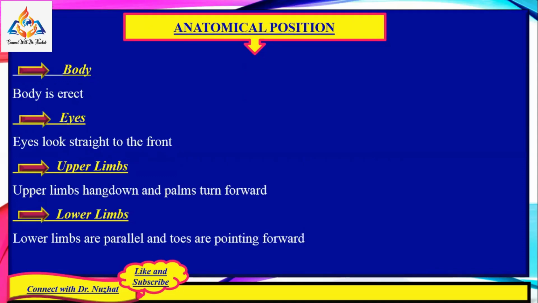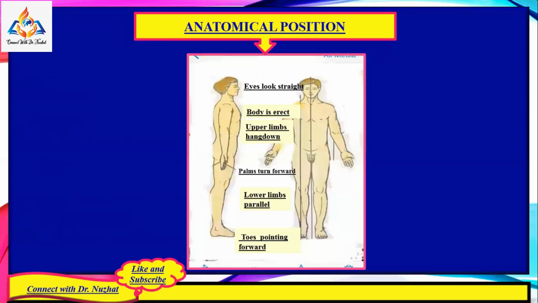Body is erect, eyes look straight to the front, upper limbs hang down and palms turn forward, and lower limbs are parallel and toes are pointing forward. You can see in this figure, eyes look straight, body is erect, upper limbs hang down, palms turn forward, lower limbs parallel, and toes pointing forward.